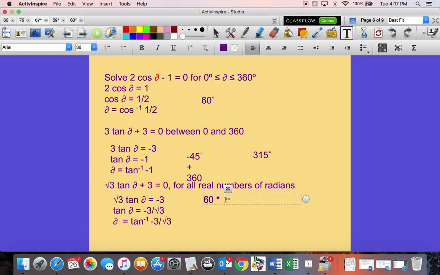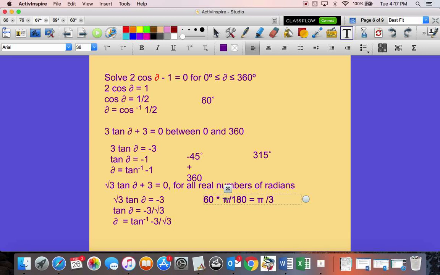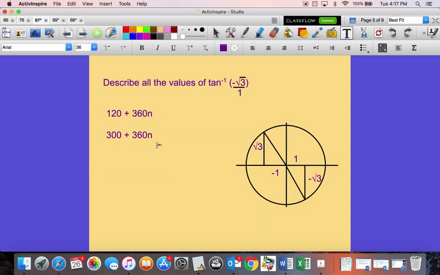All right, pi divided by 180, which would give us, when we simplify that down, pi over 3. But then it also says for all real numbers of radians. Okay, so that is kind of like when we go back here, describe all the values. We added 360 degrees times the number of circles that we took to get all of them.